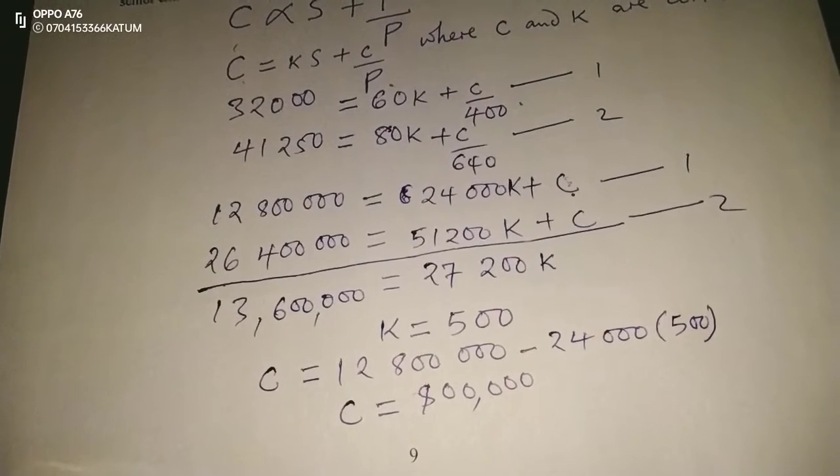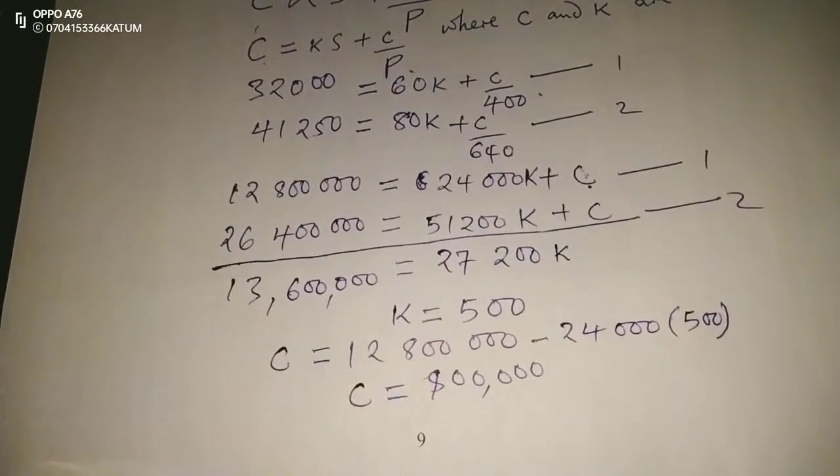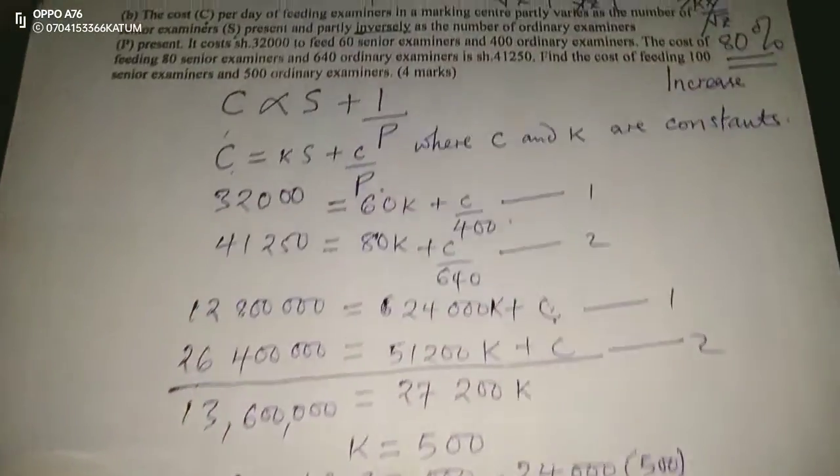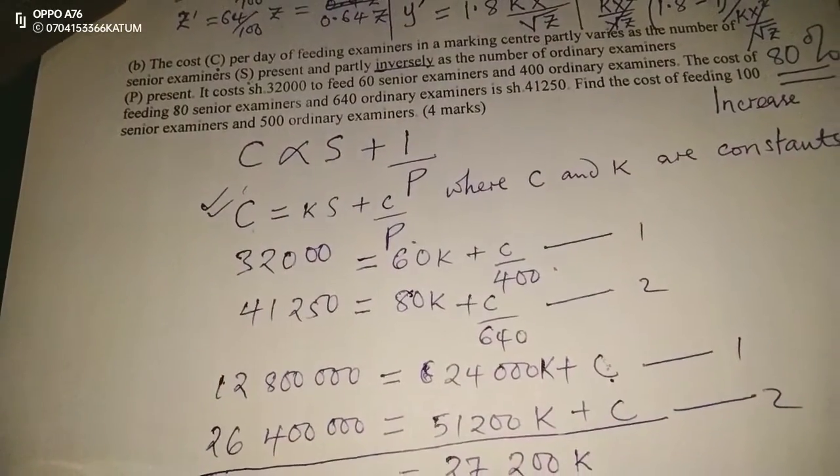C is 800,000. So now it means we have to write the original relationship, this one now, but using known constants.